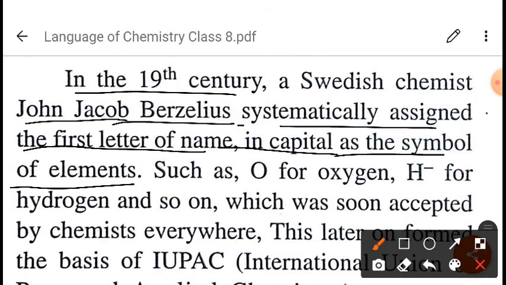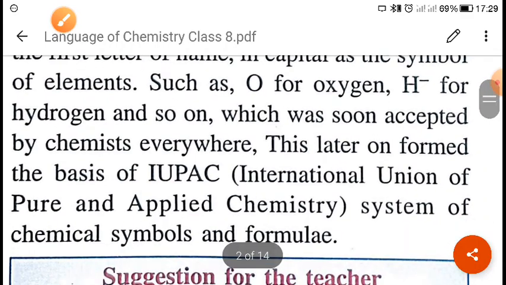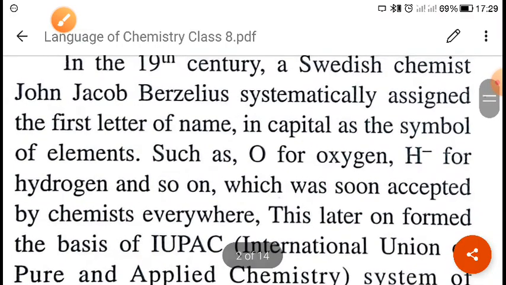If the name is oxygen, it starts with O, right? So O will be the symbol of this element. O for oxygen, H for hydrogen, C for carbon, N for nitrogen, and so on, right? In this way Berzelius assigned the first letter of the name in capital as the symbol of the element.